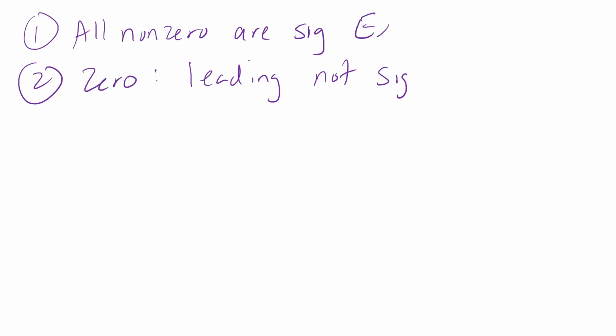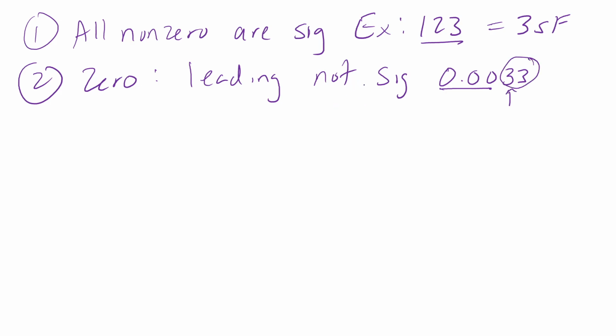So for example, up here, 1, 2, 3, very creative, 3 significant figures since they are all significant. Here, 0.0033. These zeros are not significant. We don't start counting until there. So these 2 at the end would be significant. So that is 2 significant figures. We have trapped zeros, or captive zeros.